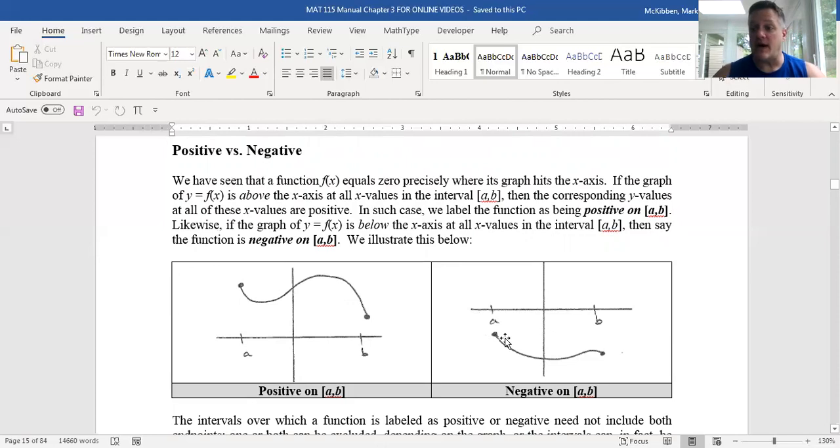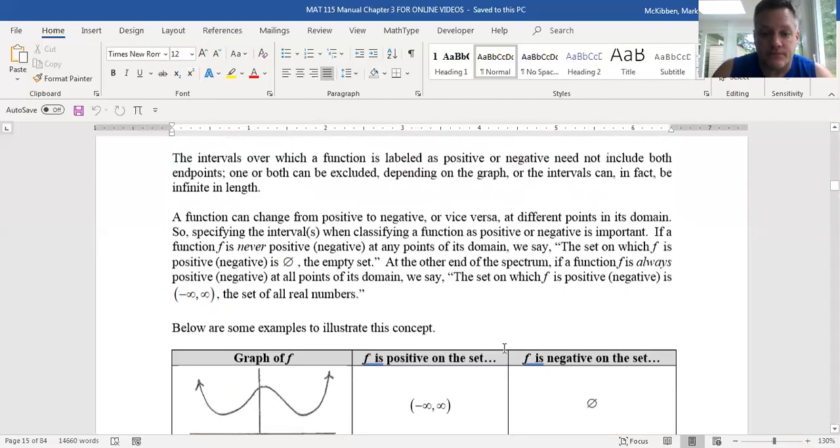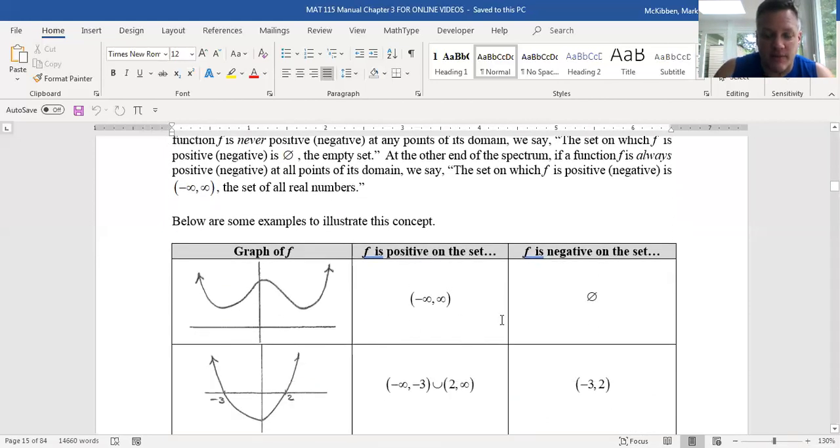Certainly, a graph can oscillate from above to below or vice versa. So then what you want to do is specify each interval on which it's positive and each interval on which it's negative separately. All right, so I give some examples here. Whenever I use this symbol, that means the empty set, which means there are no x values for which the function's negative.